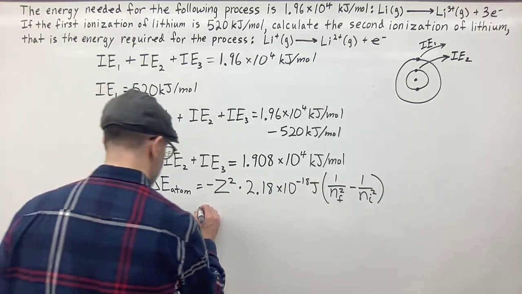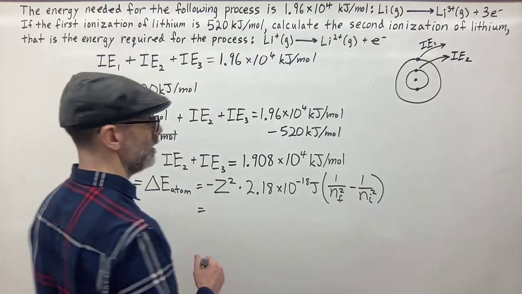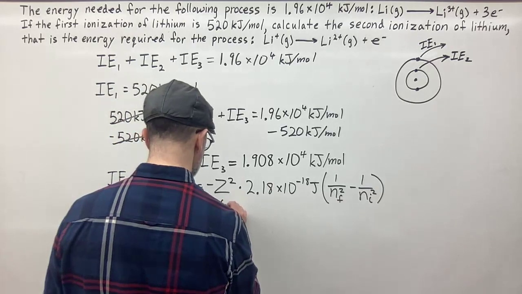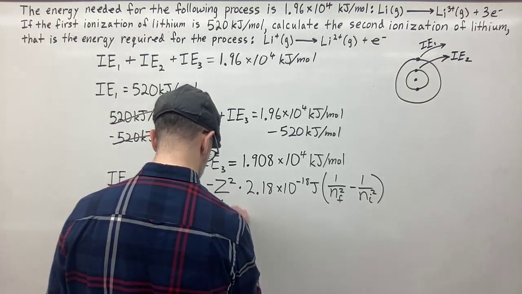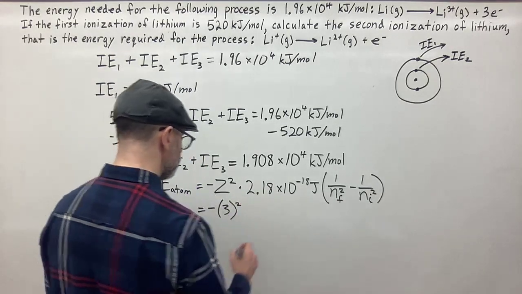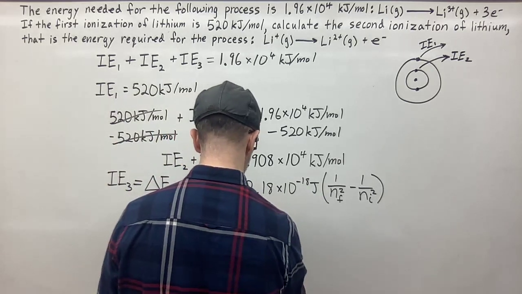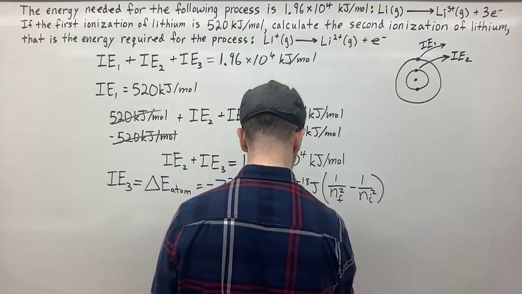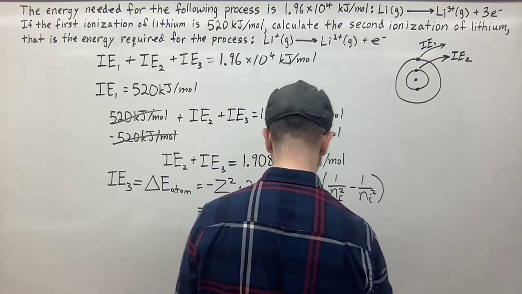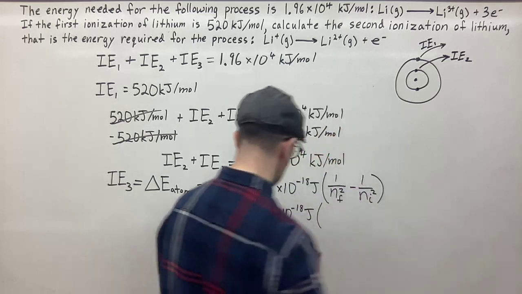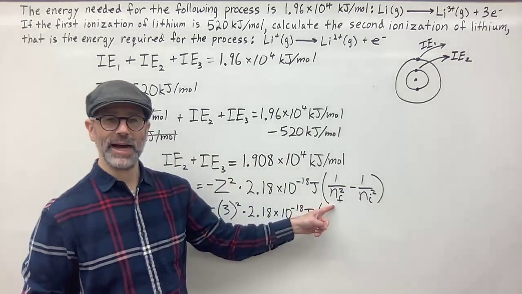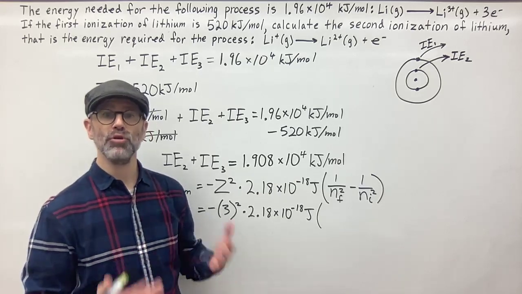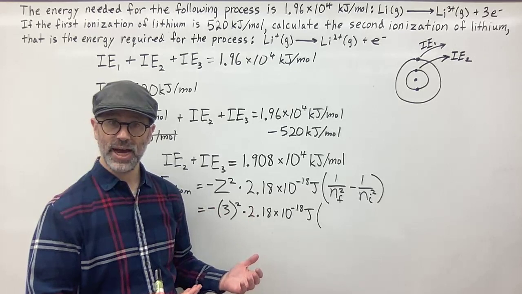So let's go ahead and plug the information in. Lithium has 3 protons, so it's going to be negative 3 squared times 2.18 times 10 to the negative 18 joules. Okay, so what is the final energy level that the electron is in if you're removing the electron from the atom?